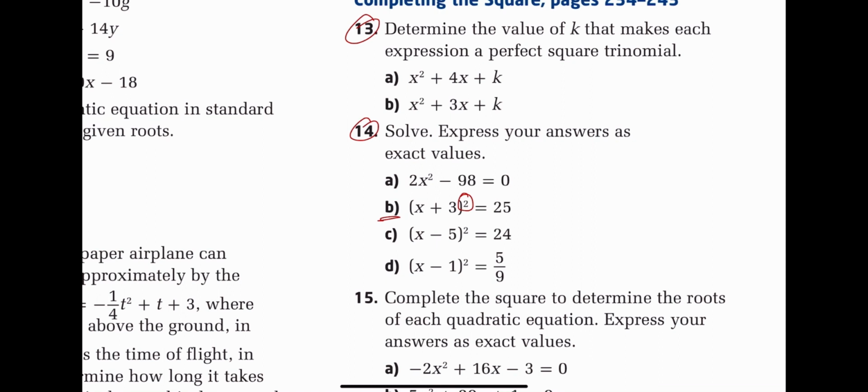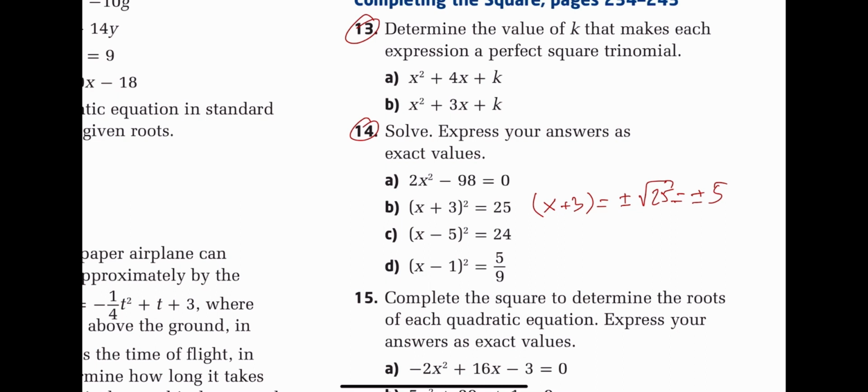To get rid of it, I should take the square root, but I should get both positive and negative values. So my x plus 3 will be equal to plus or minus square root of 25, which is plus or minus 5.